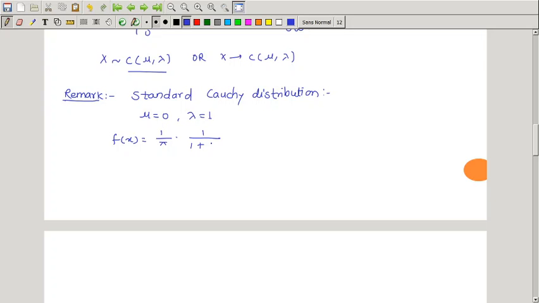Mu is 0, so x minus 0 is x, bracket square, that is x square, where x lies between minus infinity to infinity. So x has a Cauchy distribution with parameters 0 and 1. This is known as the standard Cauchy distribution, and this density function is called the standard Cauchy distribution density function.